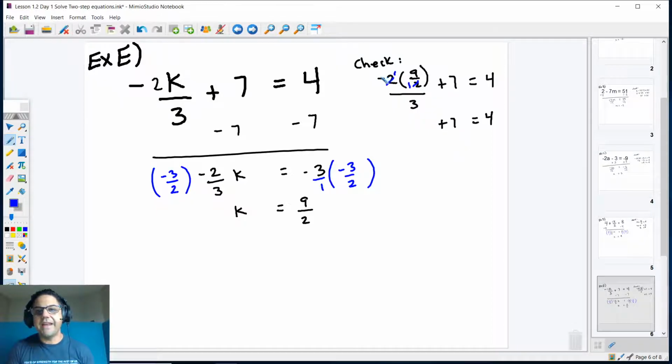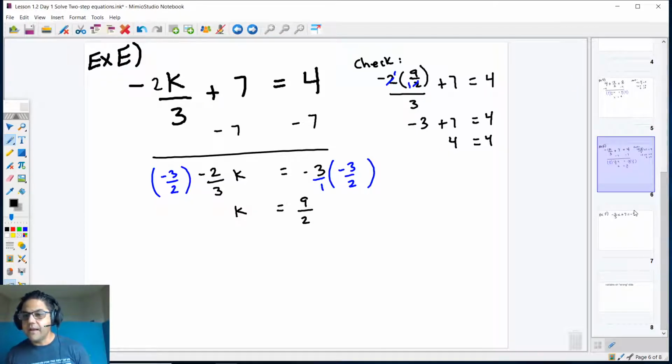So I really just have a -9. And a -9 divided by 3 is going to give me a -3. -3 plus 7, does that give me 4? Well, you got different signs, so we're going to subtract. That gives me a 4. And I'm going to take the sign from the greatest absolute value, which is going to be a positive sign. So yeah, it works out. Beautiful.